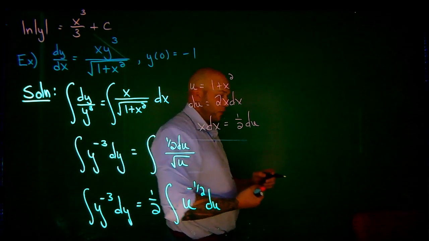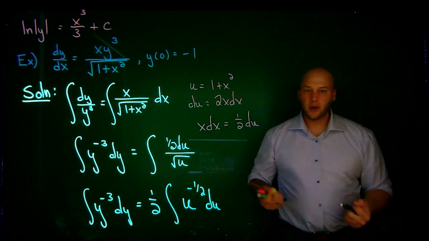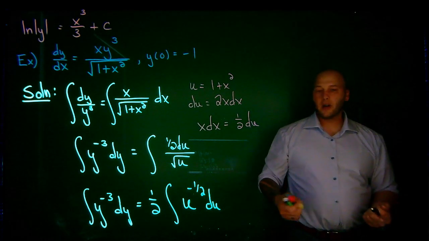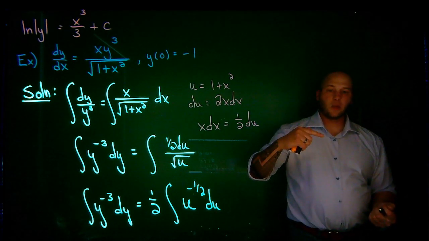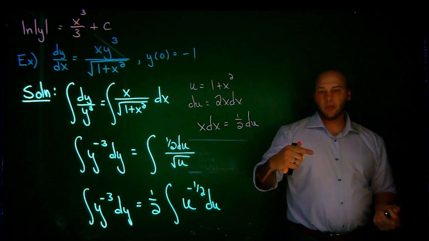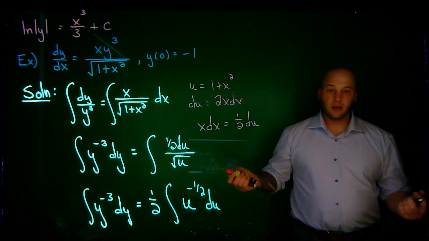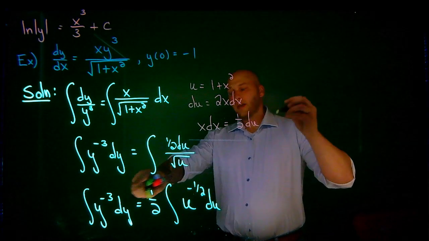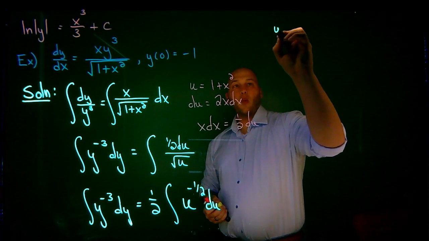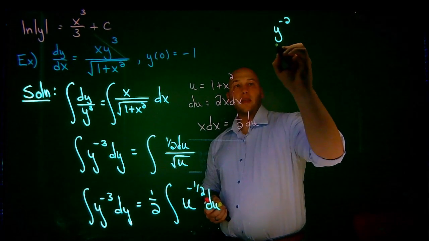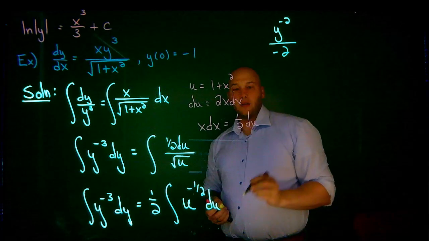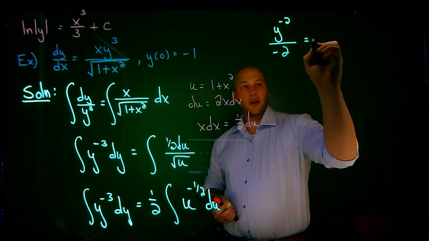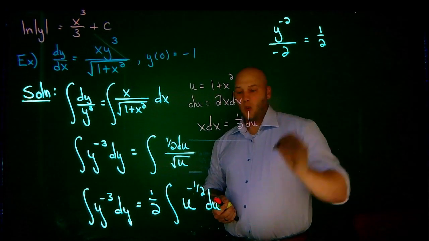Both of those are simply power functions, so I can use the power rule for integration, which means I'm going to increase the exponent by 1 and then divide the antiderivative by the increased exponent. Y to the negative third, that means I will have y to the negative 2 divided by negative 2. And on the other side, I will have, of course, the constant 1/2.